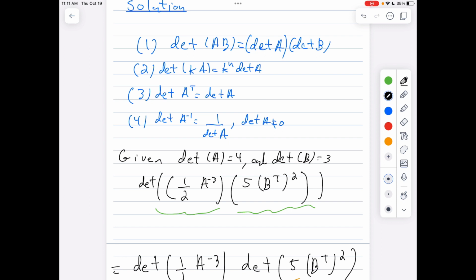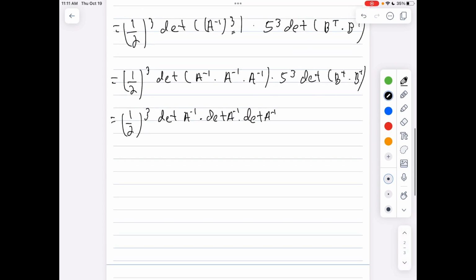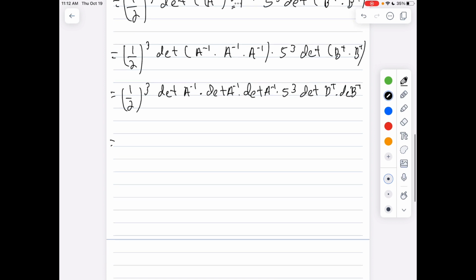If you take the determinant of 3 matrices that are multiplied, it's equal to the product of the determinant of each matrix, so it doesn't matter what the size is. I'm going to do the same thing for this one. The determinant of B transpose times B transpose is the determinant of B transpose times the determinant of B transpose. And all of this right here, we know that the determinant of A inverse is equal to 1 over the determinant of A, and this would be written out 3 times.